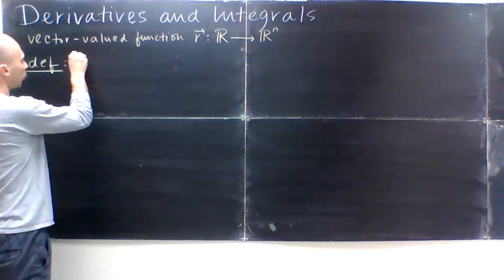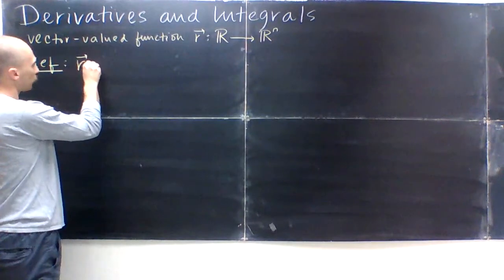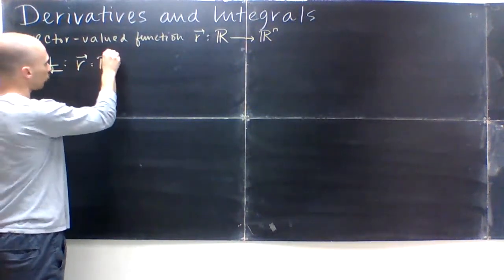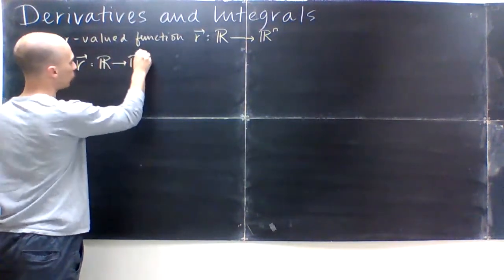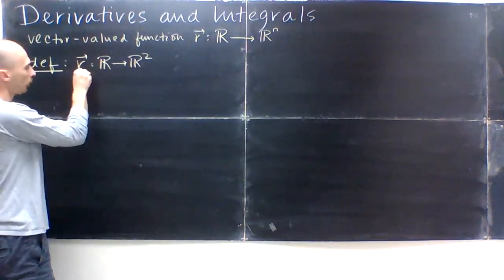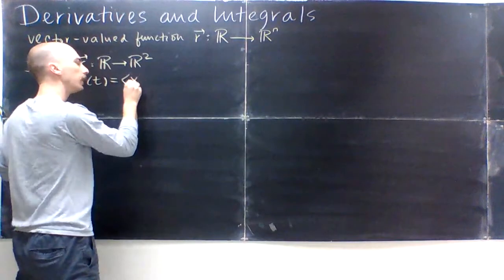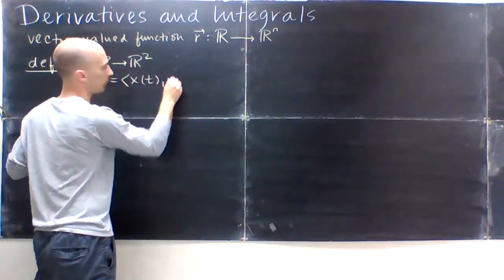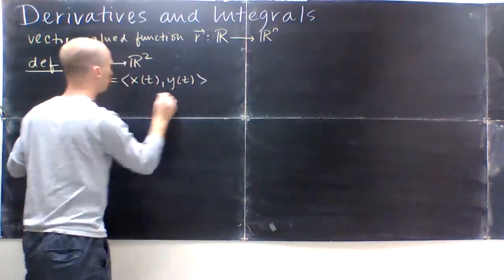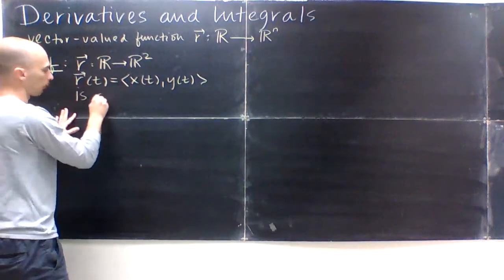R takes a real number and gives you back a two-dimensional vector, with r of t given by some x component function and some y component function. This is a plane curve.